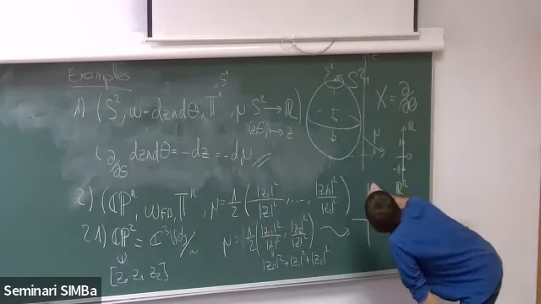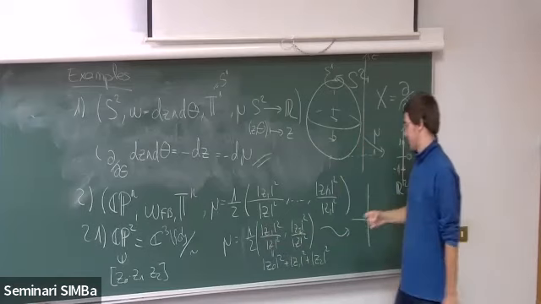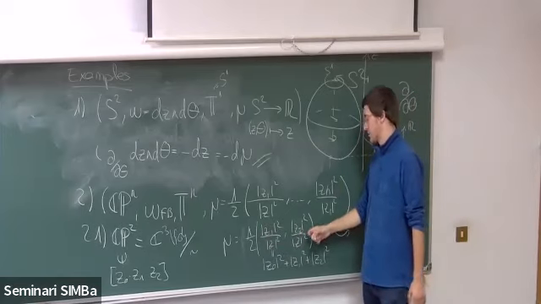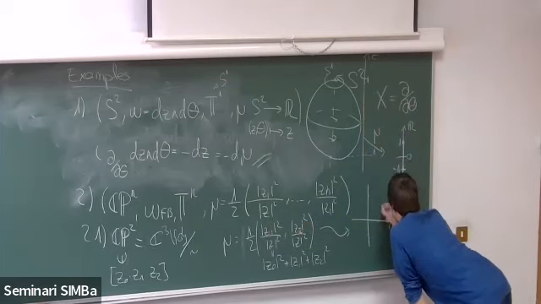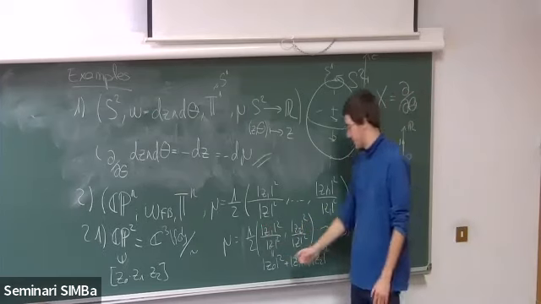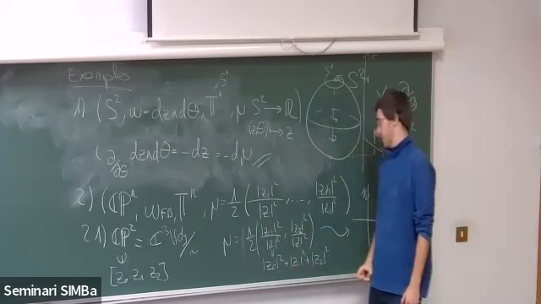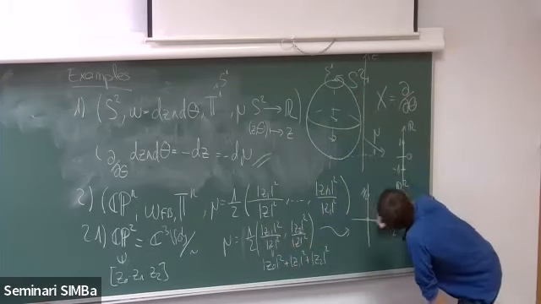So the 0, 1, 0 goes here. And there's another point which is 0, 0, 1, which has as an image 0, 1/2. Also, what happens with the 1, 0, 0? It goes to the 0, 0. It goes to the origin in this plane.